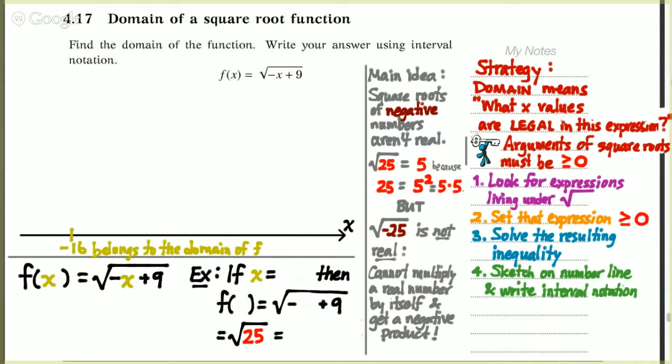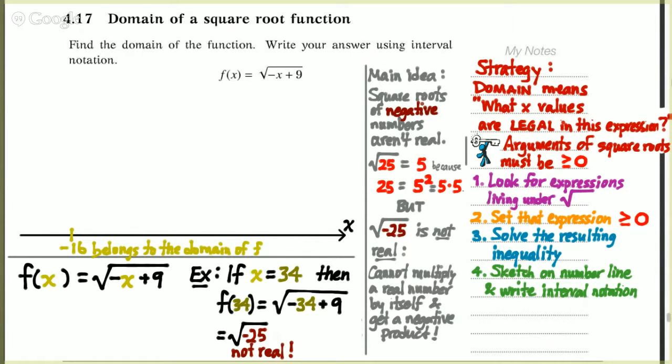Let's say I try to plug in the number x equals, I don't know, 34. If I try to plug the real number 34 into this function, then f of 34 is going to be the square root of minus 34 plus 9. But negative 34 plus 9 is negative 25. And hopefully you're already convinced that the square root of negative 25 is not a real number. In other words, if I try to put the number 34 as an input to the function f, the output that I get is not a real number.